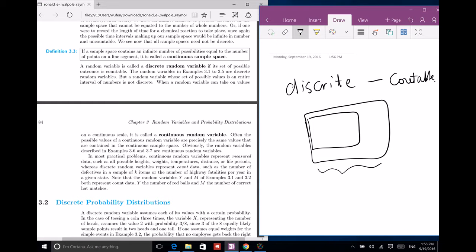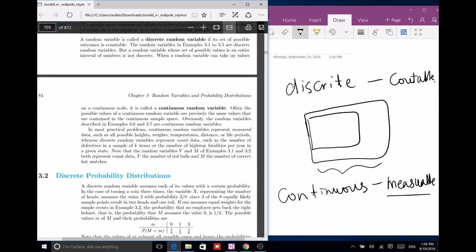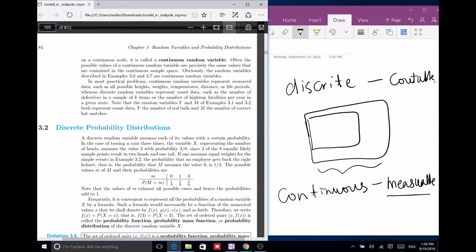Continuous is measurable, discrete is countable. You can use something to say how long it is or how big it is, like area, volume, time. Those are continuous variables. You're going to have an example in your homework: the first one is going to be a discrete variable or continuous variable.